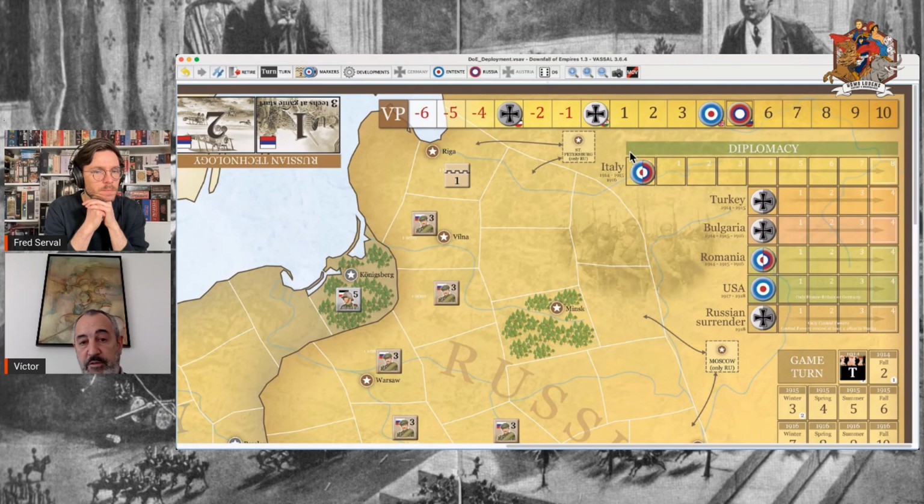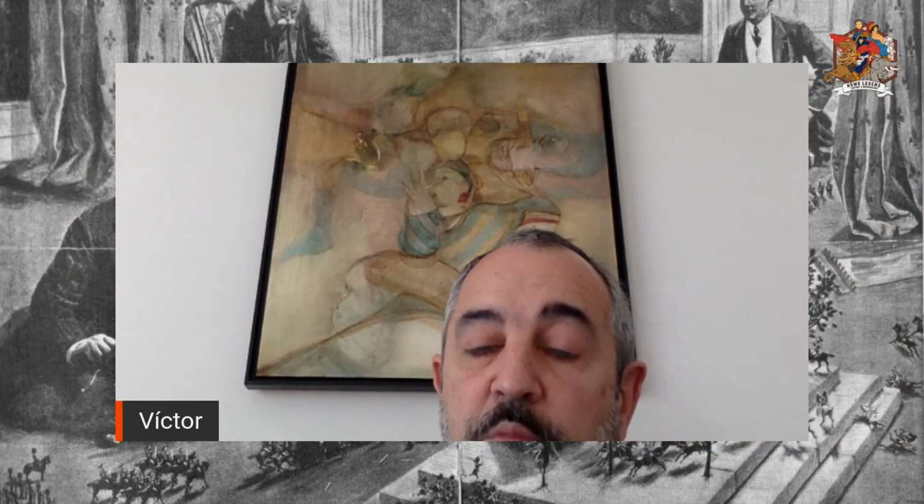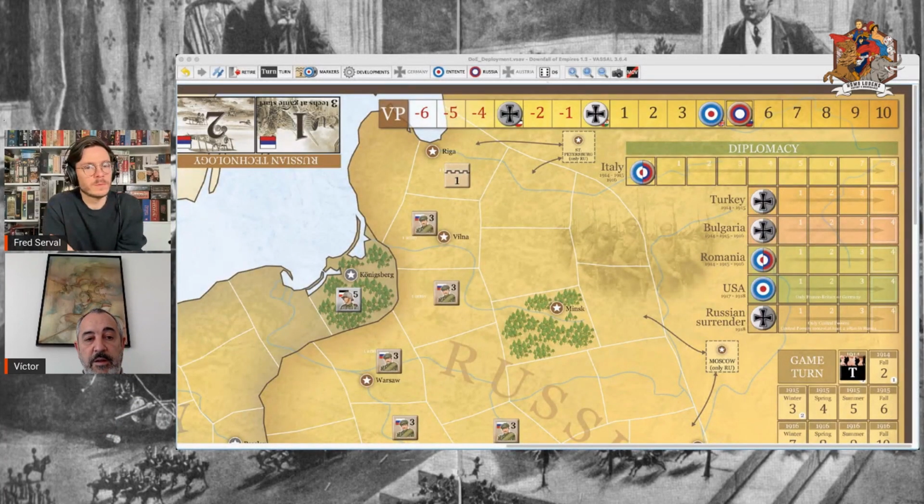Yeah. And the most important thing for scoring victory points is the cities. You can see the cities. When you control an enemy big city, you get one victory point. If you lose one of your own victory cities, you lose one victory point. But the very important thing for this game, and I think for most games with more than two players, is that victory points are a very special mechanism that works very well.